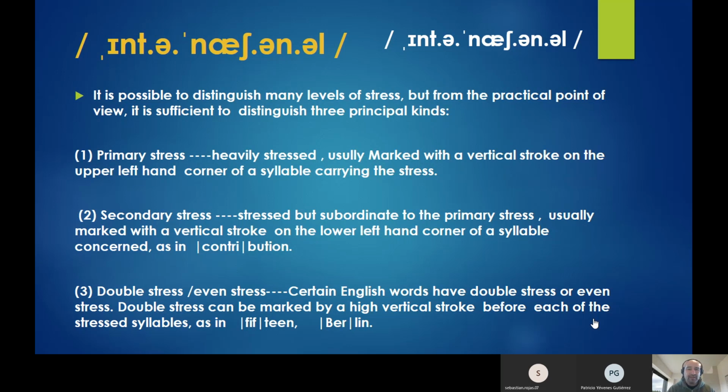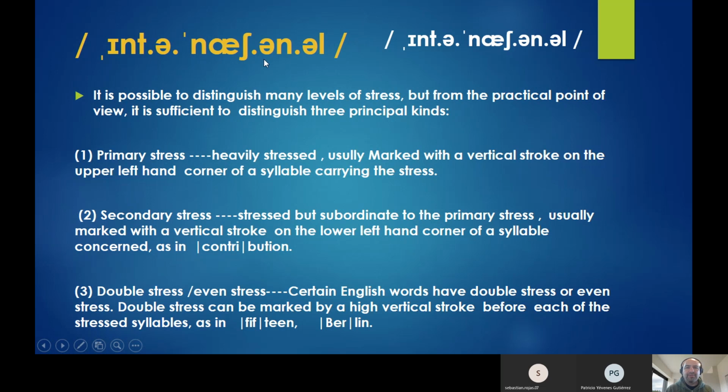It happens in Spanish as well. For example, when you say happy, the opposite in English is unhappy, right? Unhappy. Okay, so in general, in terms of stress, some of the prefixes that we add may have this secondary stress, but the primary stress will always be placed in the word that is going to be called the content word.